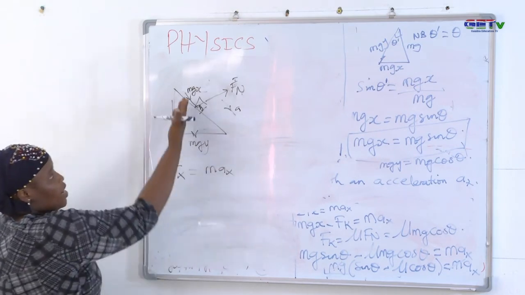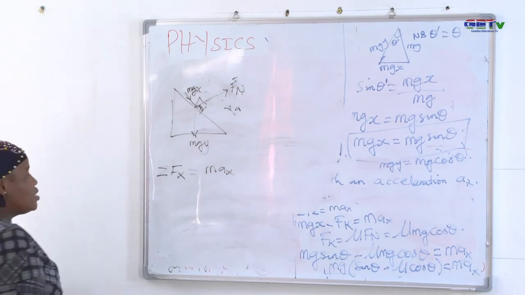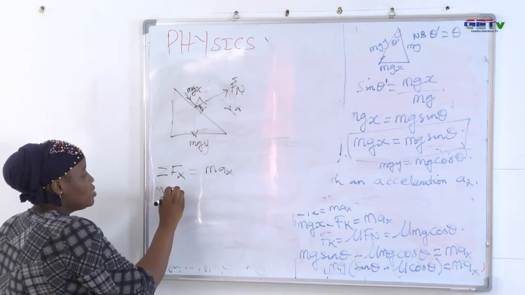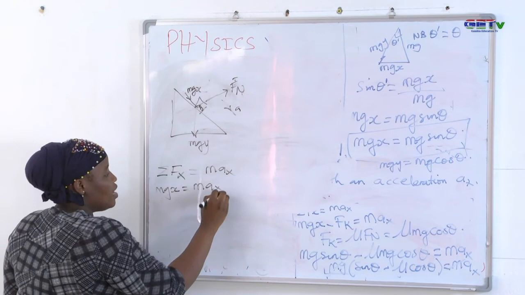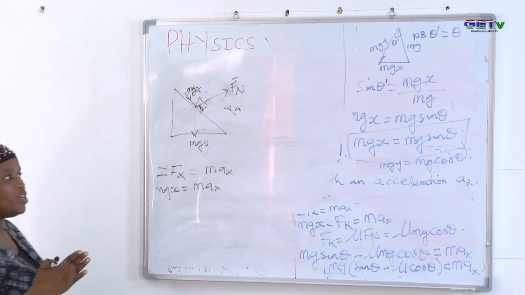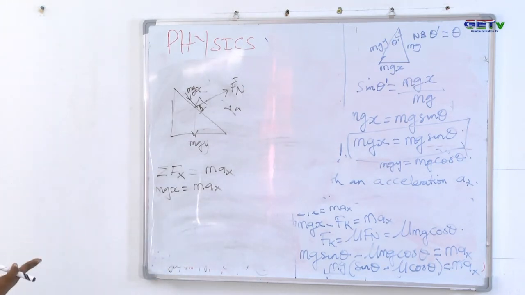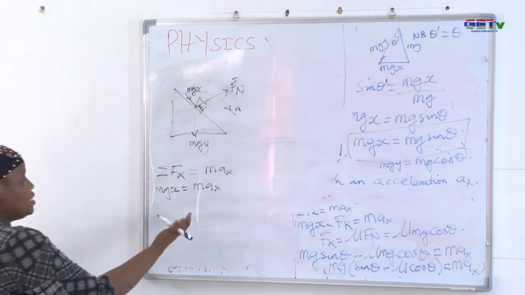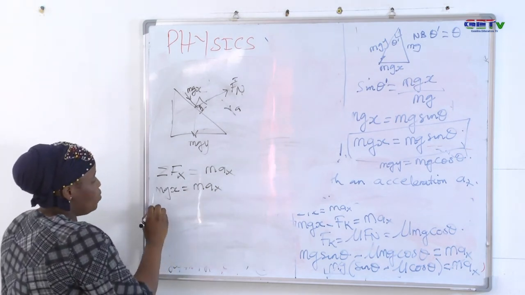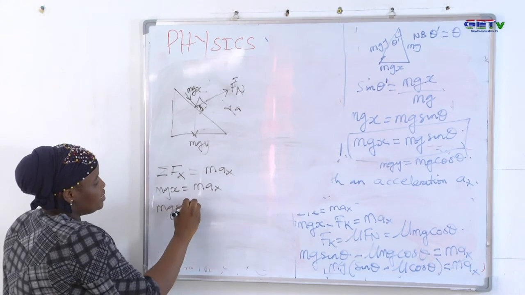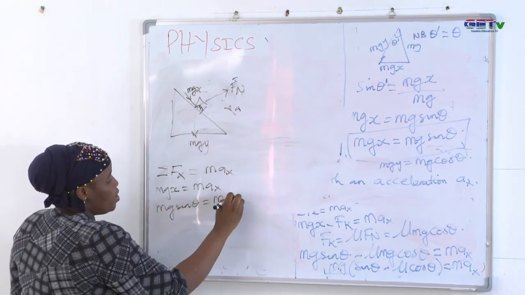What are the forces acting? It is only mg of x. So that gives us mg of x is equivalent to m a of x. I don't want you to cram. If not, I would have directed you to use the equation a equals g sine theta. But let's see what this is going to yield. We have mg sine theta is equivalent to m a of x.